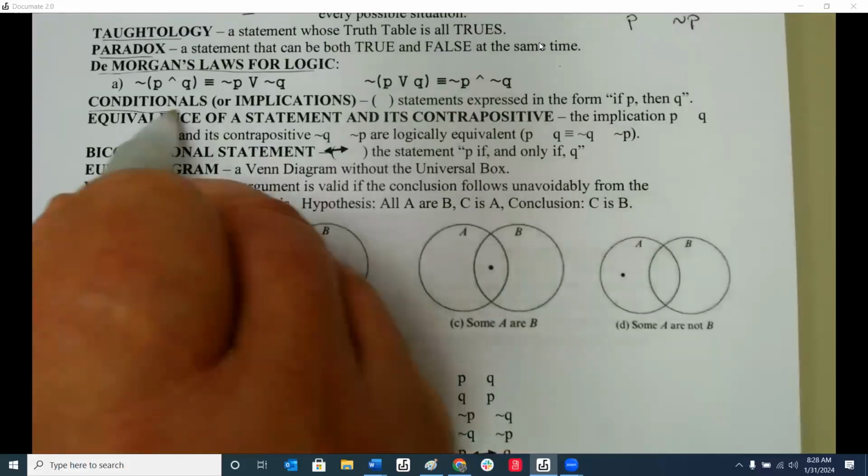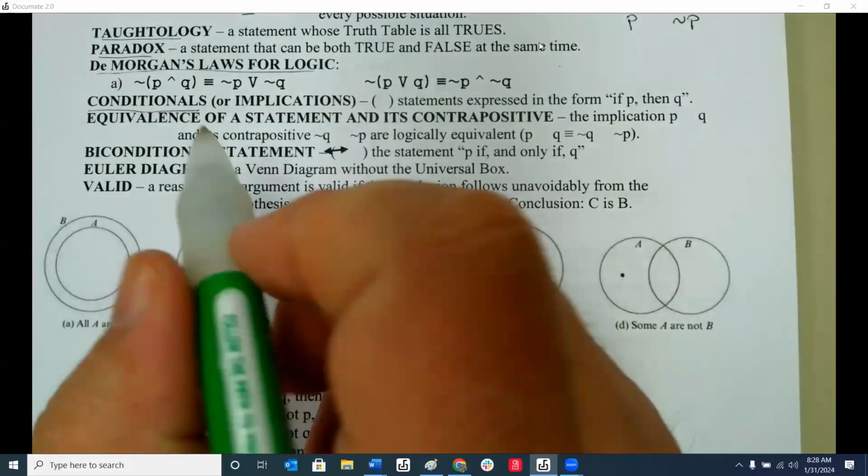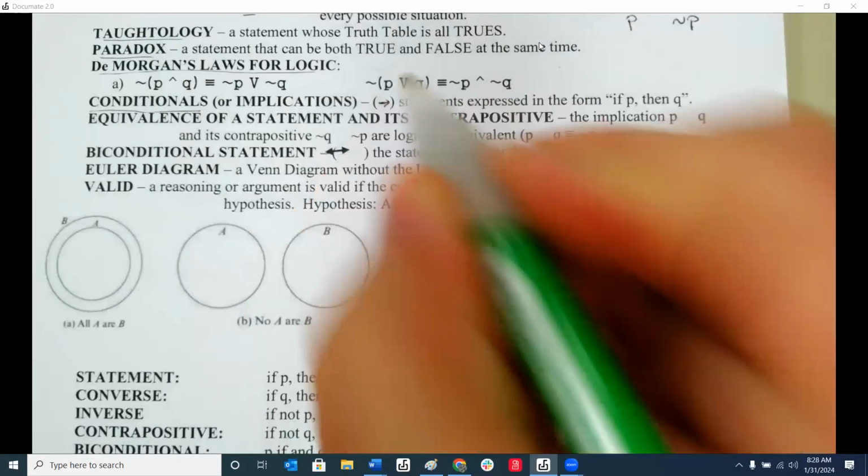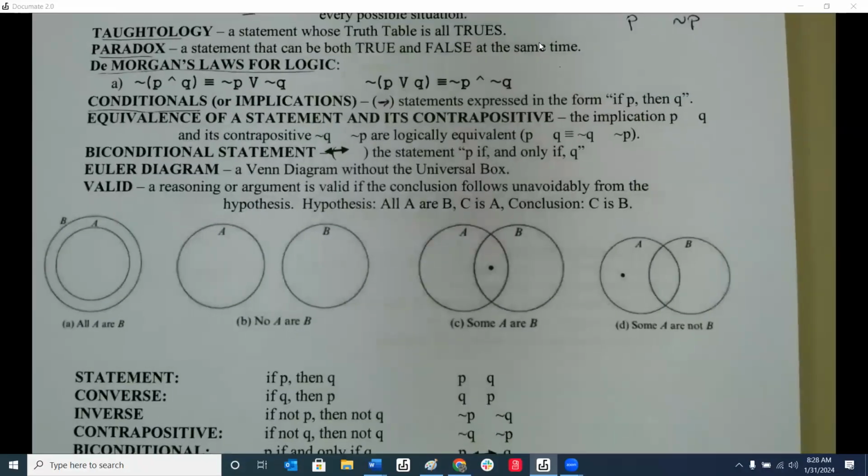Conditionals or implications. In this one, we use this symbol. Conditional means if then. You grew up with this in every part of your life. If you clean your room, you can go outside.